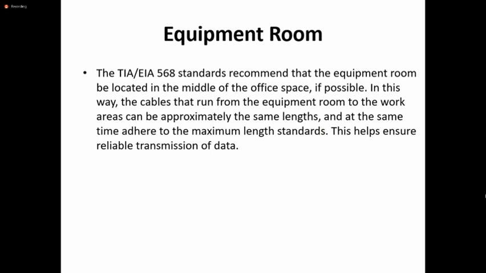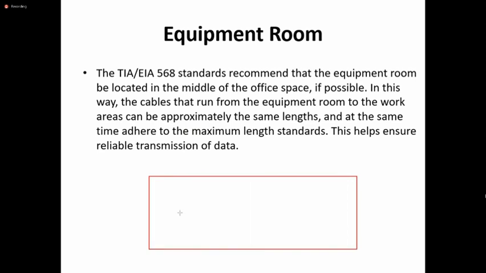Right. So the standard recommends that the equipment room be located in the middle of the office space, if possible. Why is it saying in the middle of the office space? Let's say this is the office, so the walls, right?